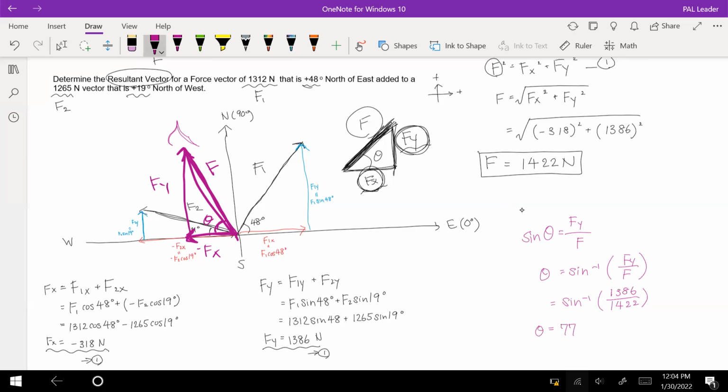Now, it's 77 degrees inside the triangle, but if we were asked what it is with respect to the positive axis, you would have to consider this. You would just do 180 minus 77, and that would give you this angle. Okay? And bye.